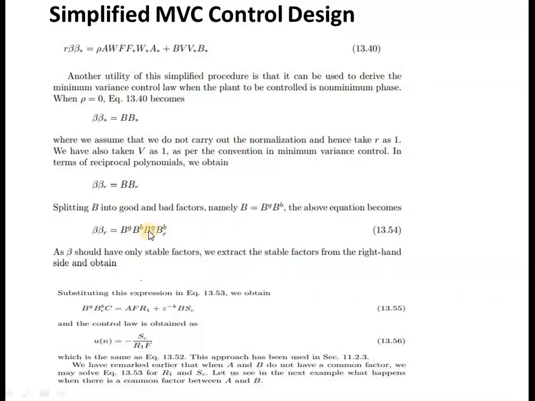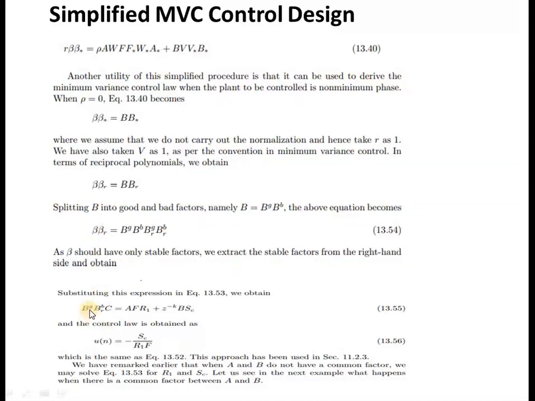Therefore, as this beta r raised to g has its zeros outside the unit circle, this beta r raised to b, that is the bad polynomial, the reverse bad polynomial, has its zeros on the unit circle as well as inside the unit circle. Therefore these two terms are taken for beta to be stable.